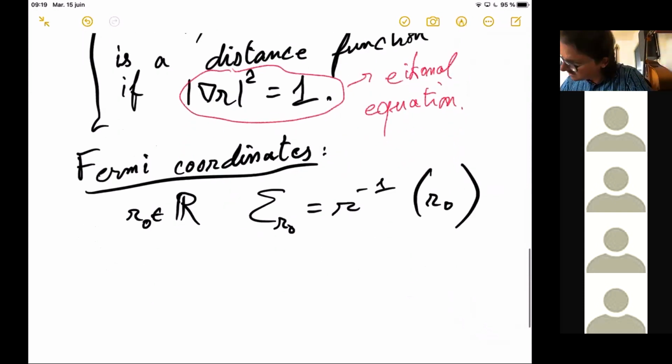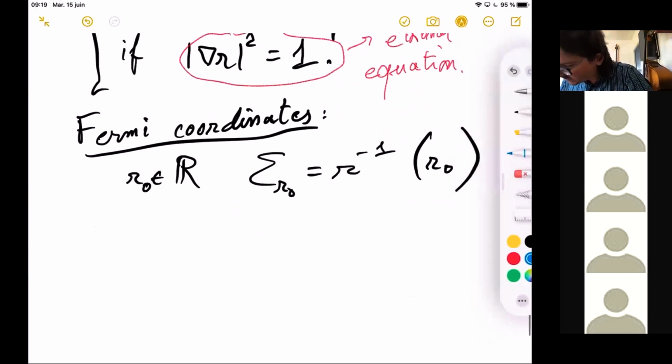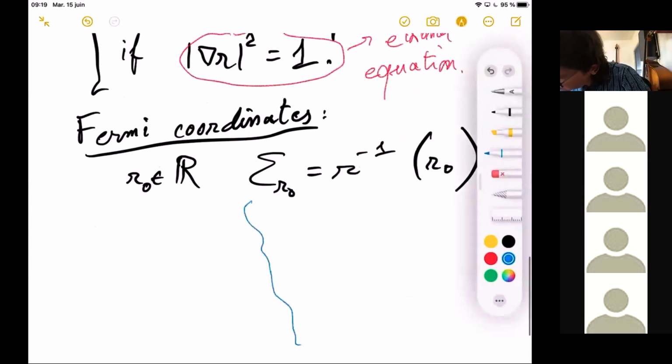Let me draw a picture. I've assumed the function to be smooth and it has non-vanishing gradient, so this will be some hypersurface.